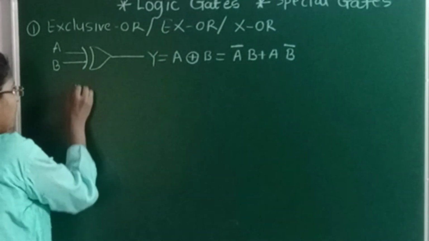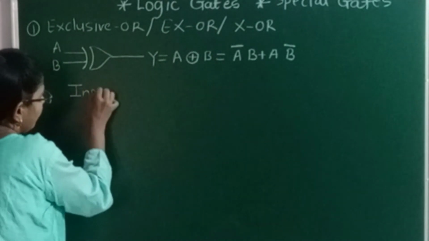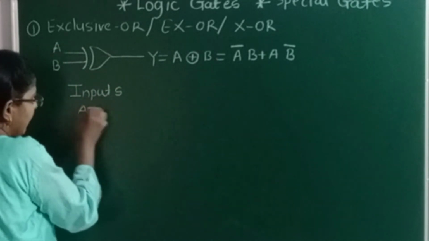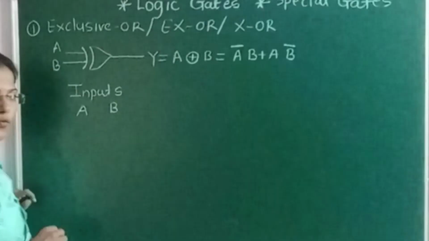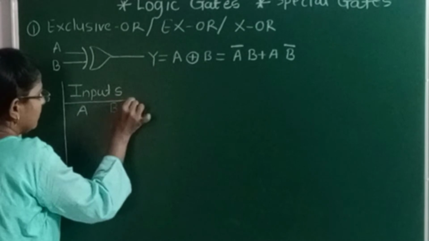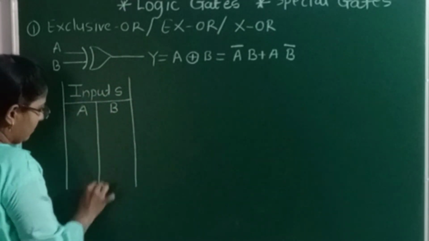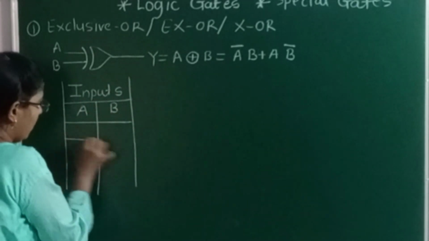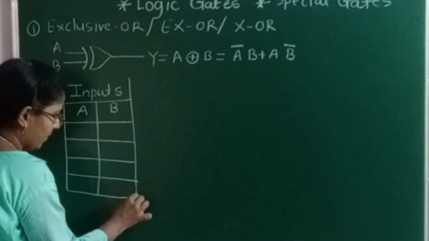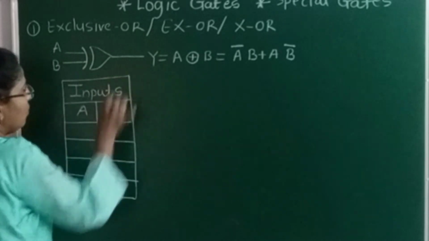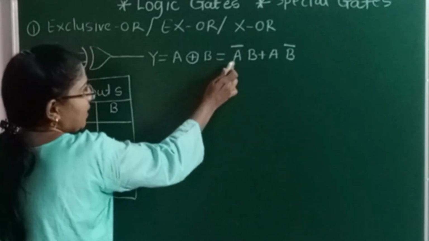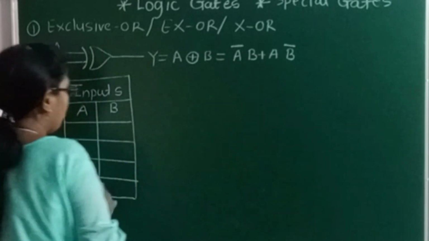In the truth table, first I have to write the inputs. How many inputs are there? Two inputs are there. So write A and B. How many input combinations will be there? 4. One, 2, 3, 4. Next, what do I have to find out? See this expression, I need to find out the A complement as well as B complement also.